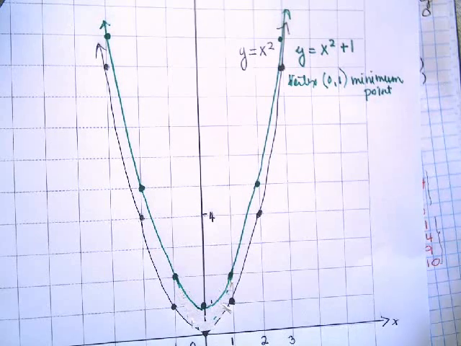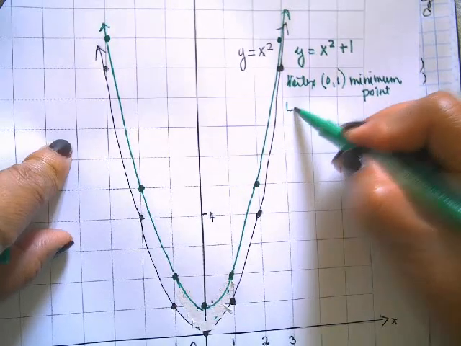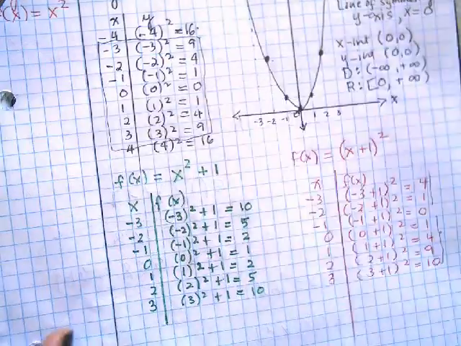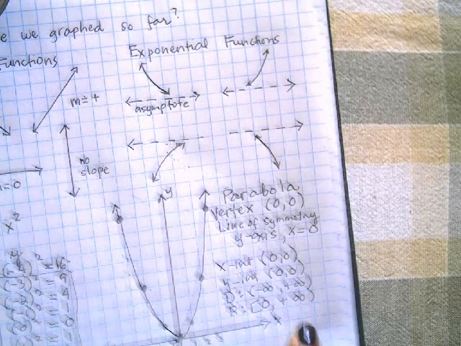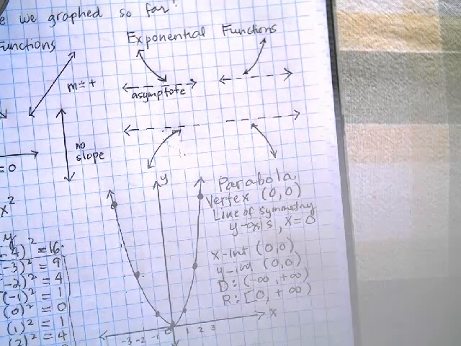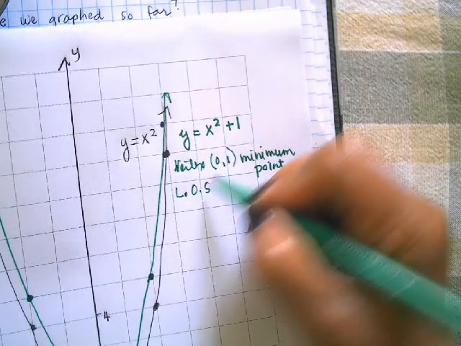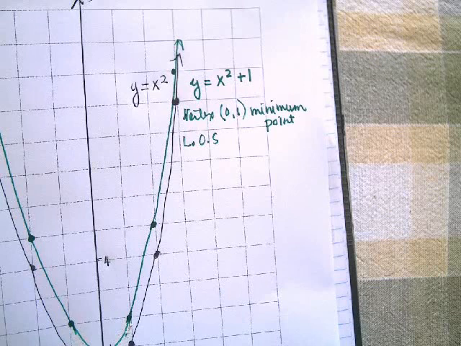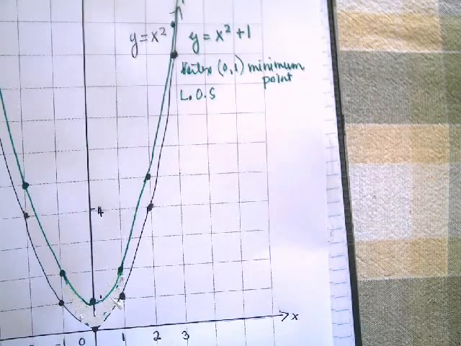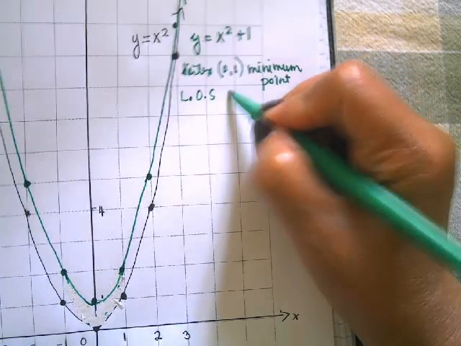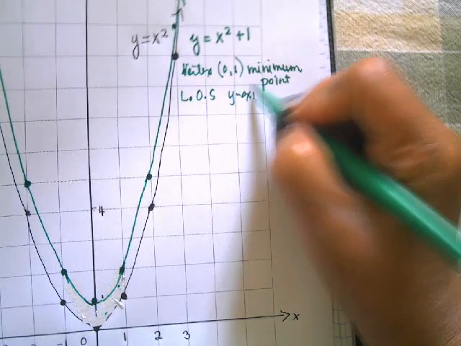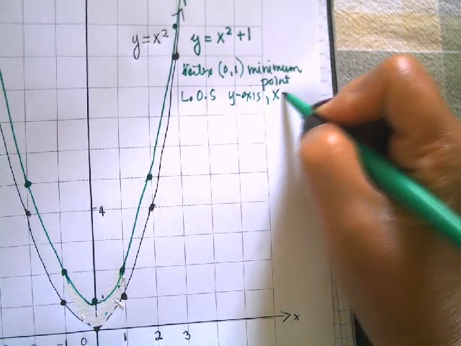And then we will get the line of symmetry, like the one we did here. We're doing the same. Line of symmetry, I'll just write LOS, is still the y-axis, or the line x equals 0.